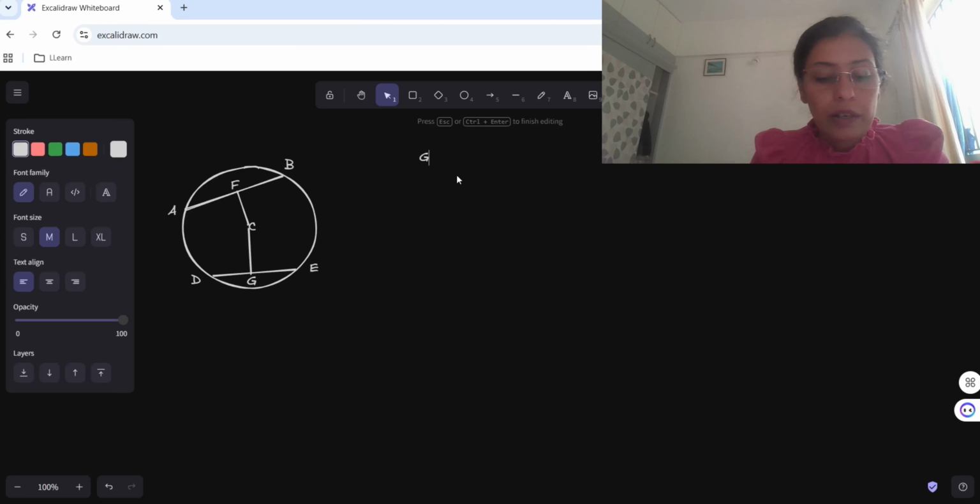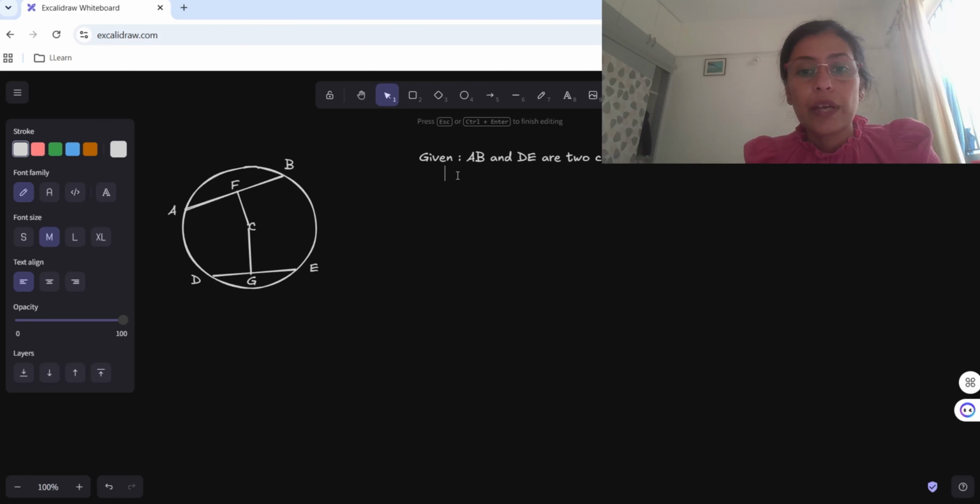So what have we been given so far? AB and DE are two chords of a circle with center C. CF is the distance of chord AB from the center.